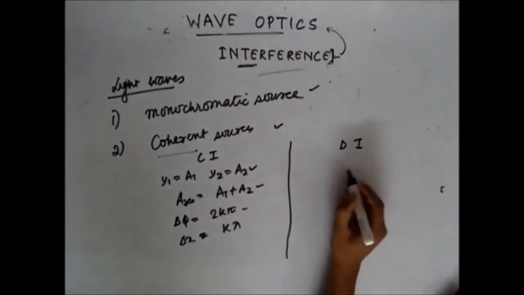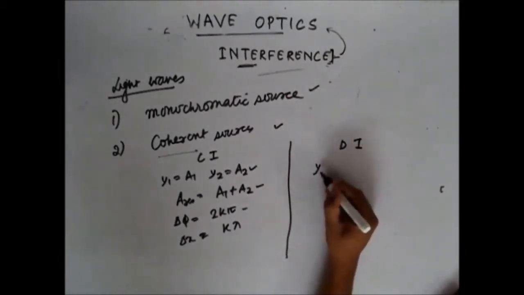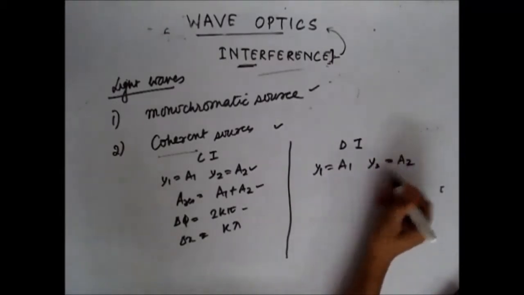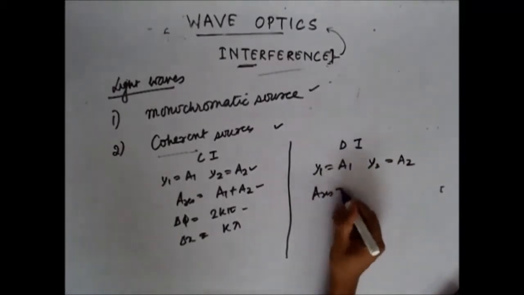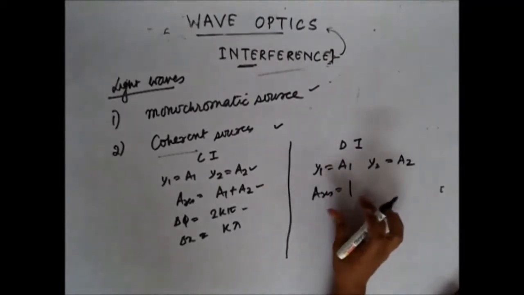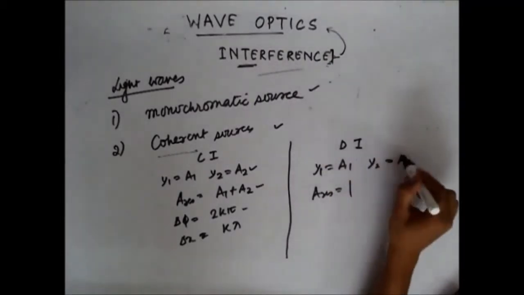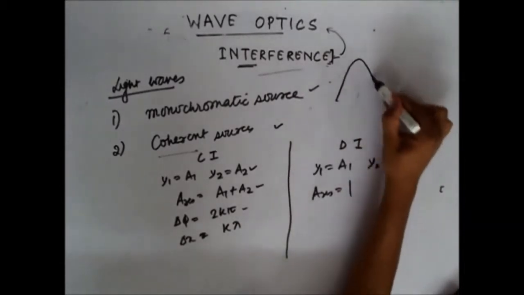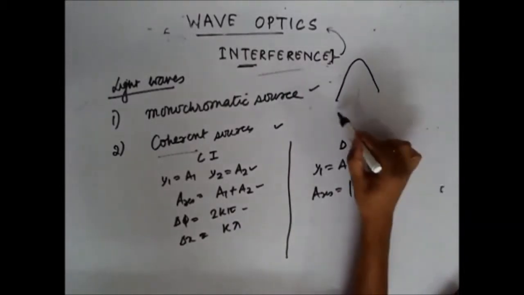So these are the four things we observe in case of constructive interference, which you should remember. Now when we have destructive interference, let's say that y1 has a maximum displacement of a1, y2 has a maximum displacement of a2. What is the resultant maximum displacement? Both of these will always cancel the effect of each other. So when y1 reaches its maximum, y2 reaches its minimum.